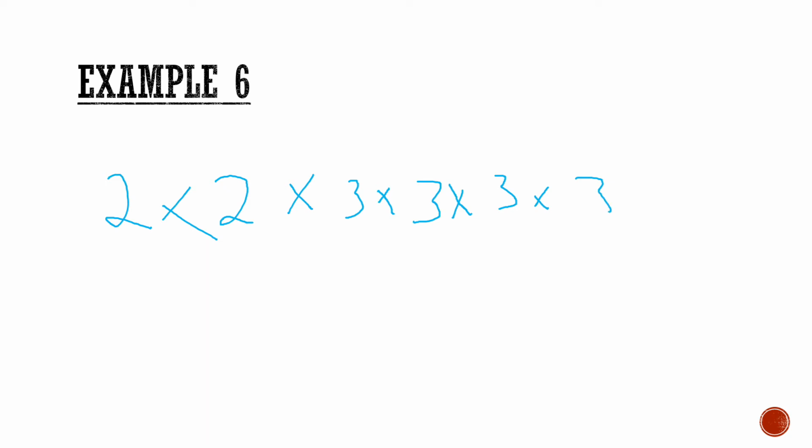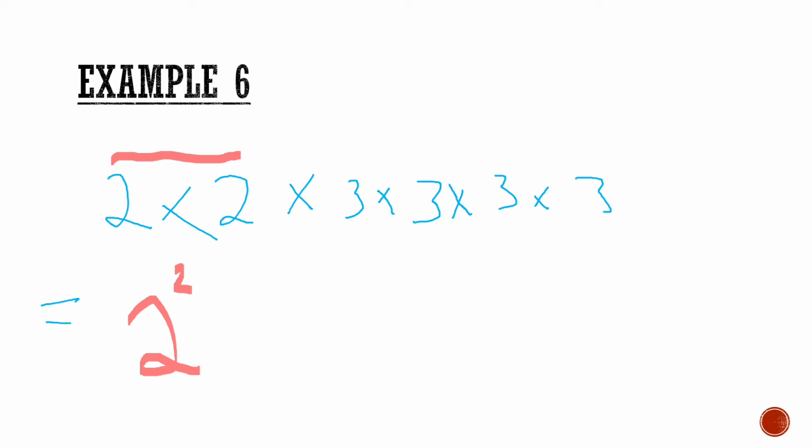So it's slightly trickier. Let's say I had 2 times 2 times 3 times 3 times 3 times 3. Now what I can do here is collect the appropriate terms. So here I'm going to have 2 to the power of 2, because 2 times 2 is written as 2 to the power of 2, or 2 squared.